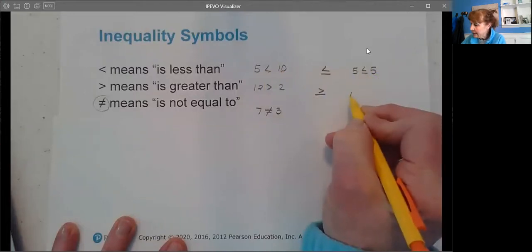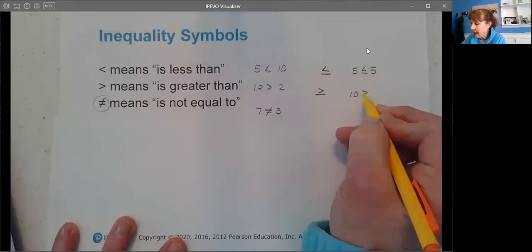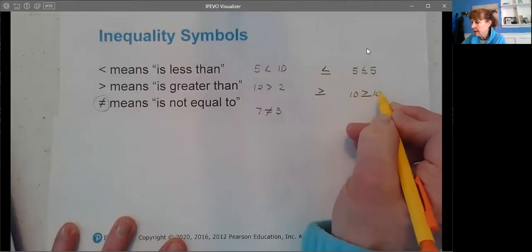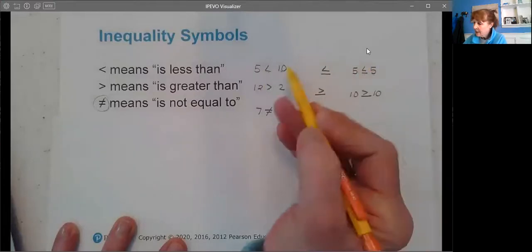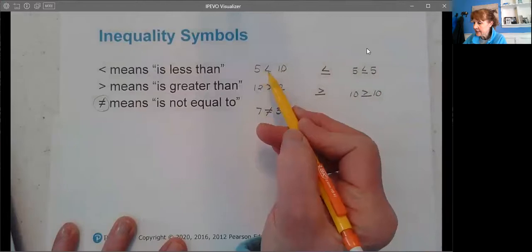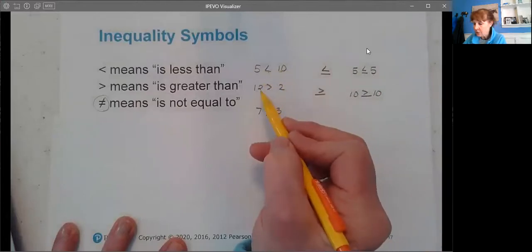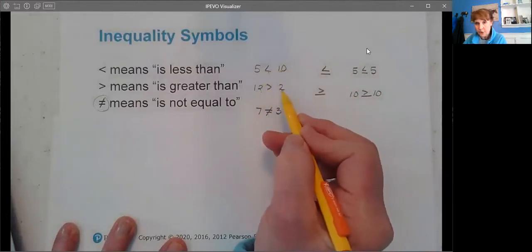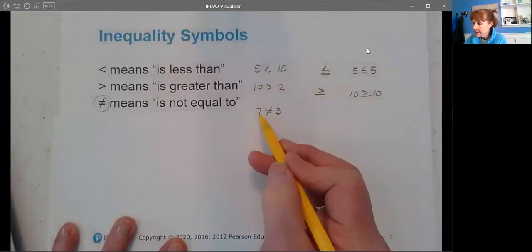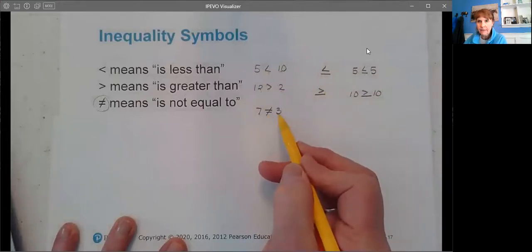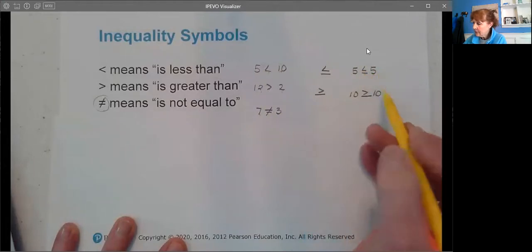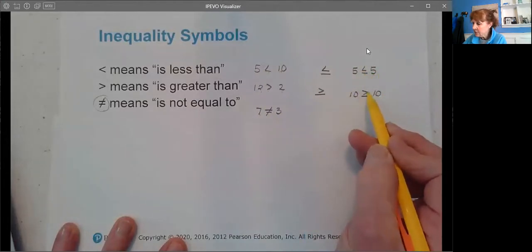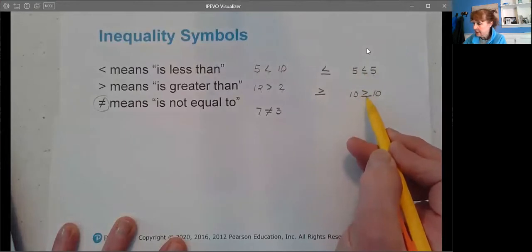Or you can have 10 is greater than or equal to 10. This is true, this is true. This is also true. 5 is less than 10. This is also true. 12 is greater than 2. 7 does not equal 3. When you're reading this one, it's 5 is less than or equal to 5. This one, 10 is greater than or equal to 10.